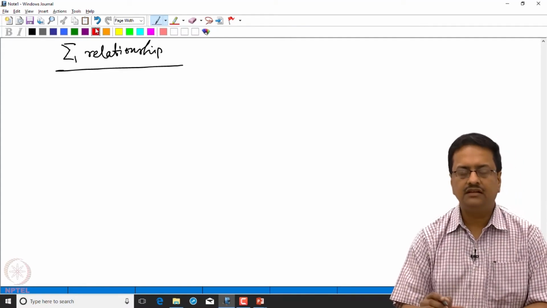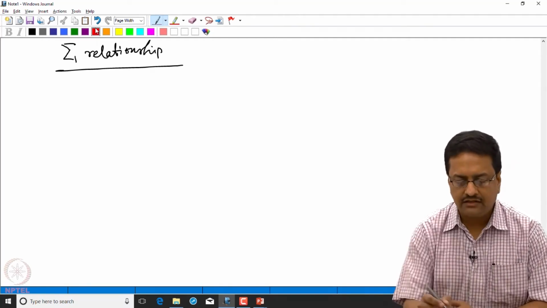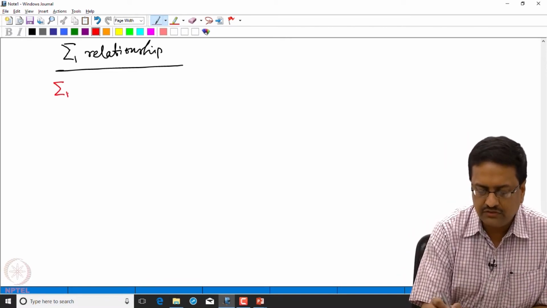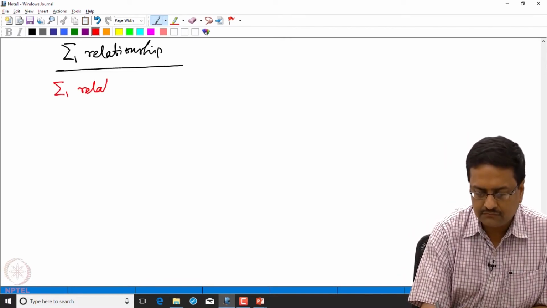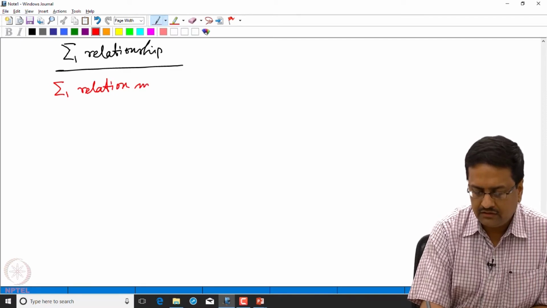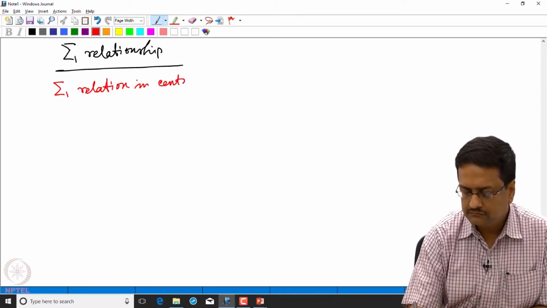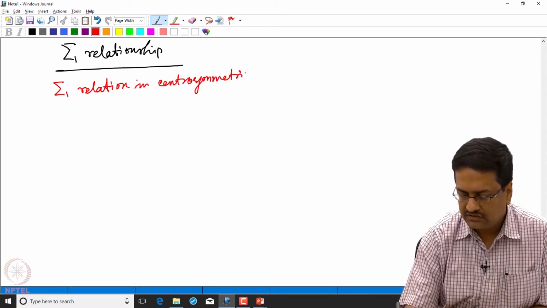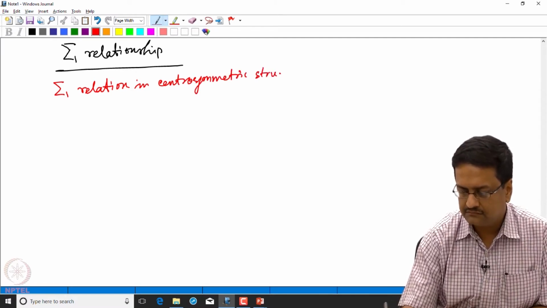This sigma 1 relationship is applied in most cases of centrosymmetric structures. So we use the sigma 1 relationship in centrosymmetric structures.